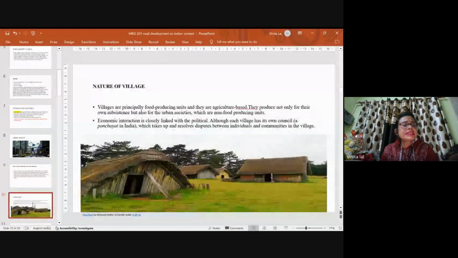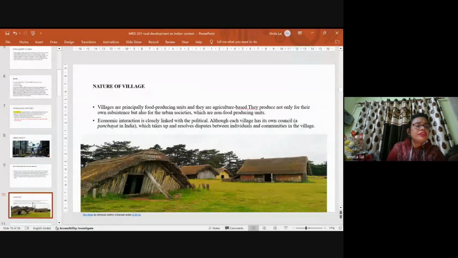Now come to the next: what is the nature of a village? Villages are basically settlements of small population. As I told you, a small population of people in a small area follows agriculture not only as an occupation but also as a way of life.